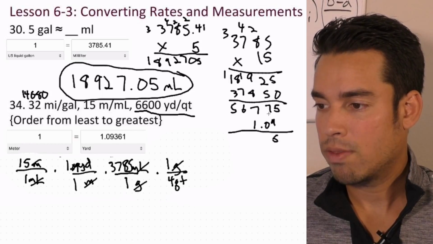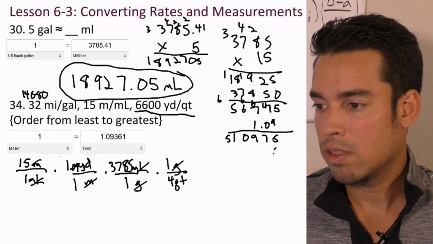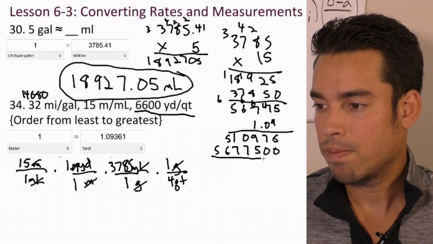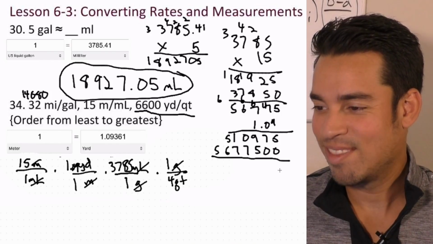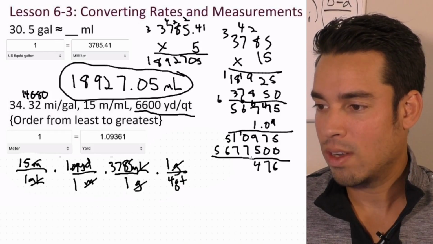So we got 45, and so on, and then this whole thing is 0, and then one more 0. We add them all up. This is pretty bad.